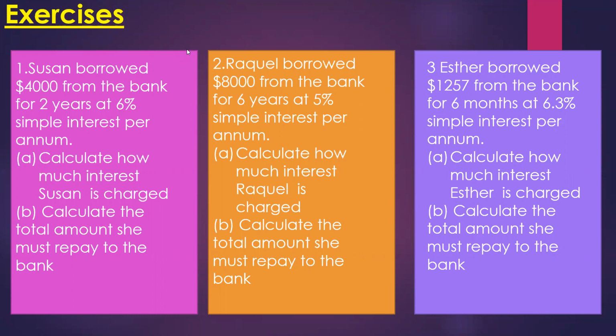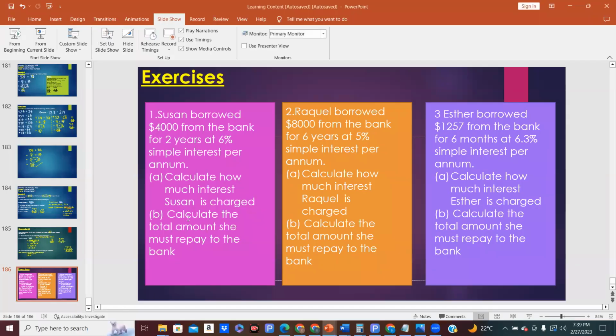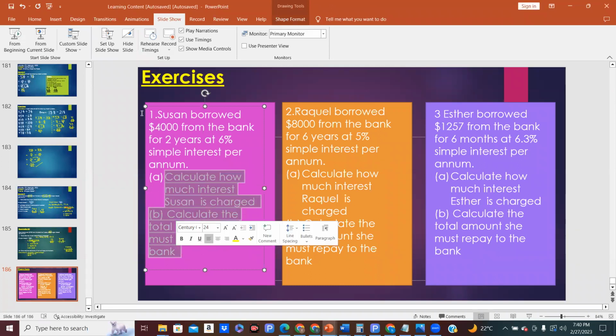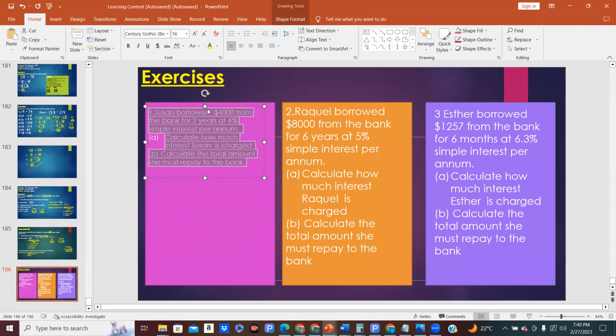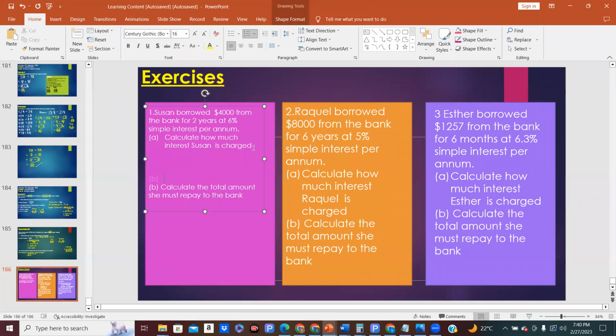All right, so let's begin. Aaron, I want you to help me with number 1, okay? Yes, sir. All right, so let's go. Let me just get myself sorted. The first thing I'm going to figure out is the simple interest charge.